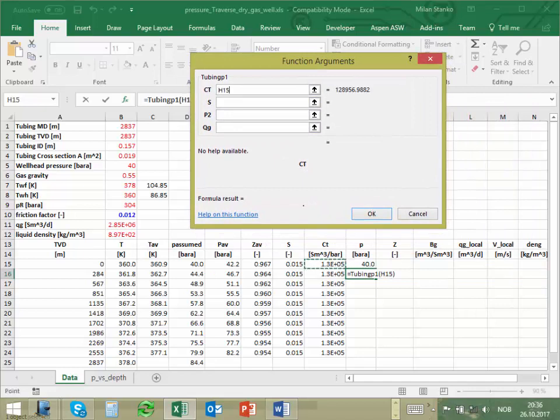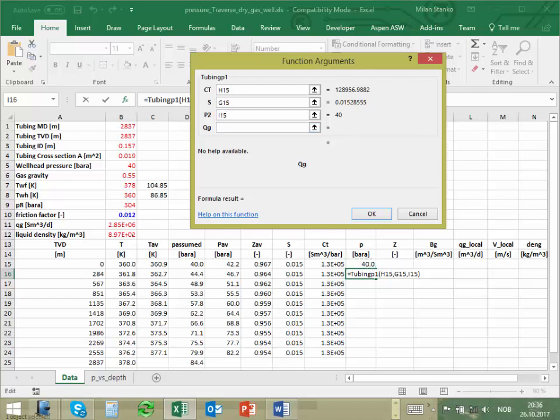is CT of the section, is the S of the section, P2 is this one here, okay, and that I shouldn't block. That one I block? Do I block or I don't block? No? Why? When I drag it down, it should take the one from the previous, okay? So I don't block it.